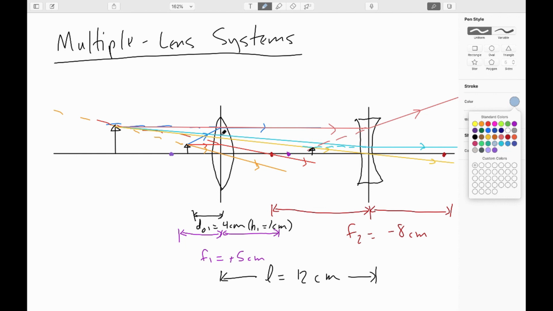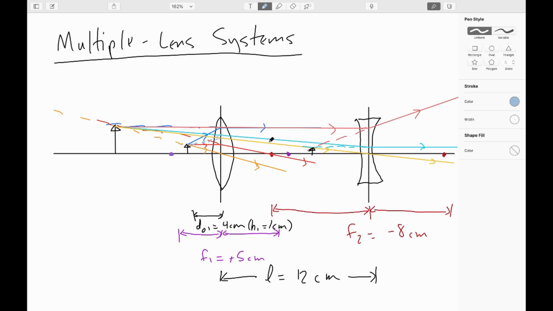So really, this ray here did not originate back at the intermediate image. It originated at the object, like so, and then refracted down at the principal plane. And same with this central ray here. It also really originated here and refracted down.